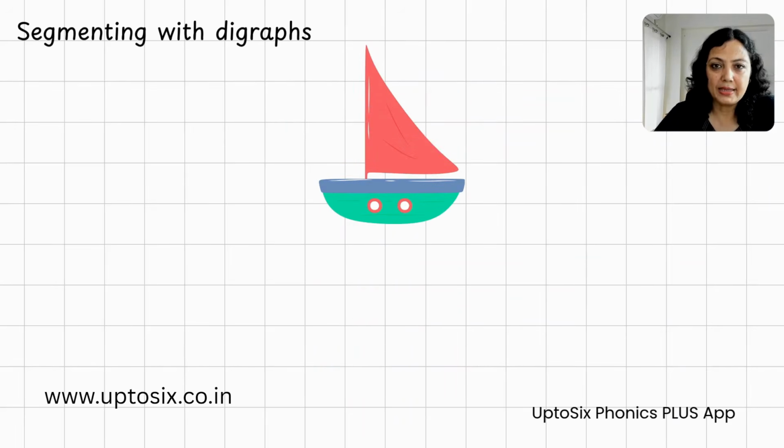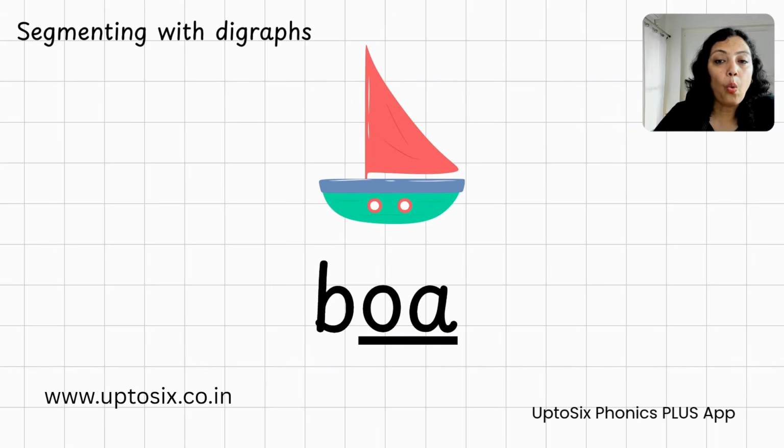Boat. How many sounds are there in boat? B, O, T. Children have to be careful while writing the sound O. That's all. They should know how to write the sound O. B, O, T. Boat.